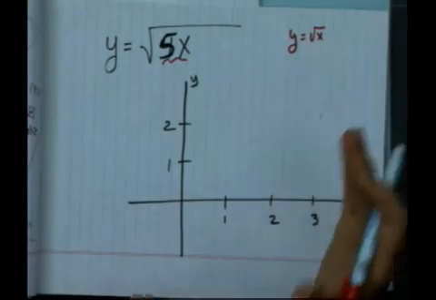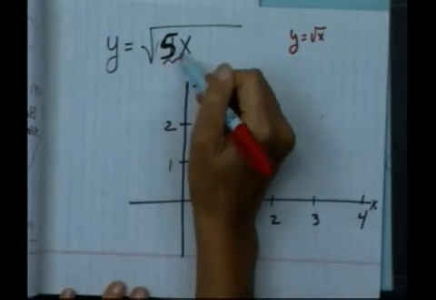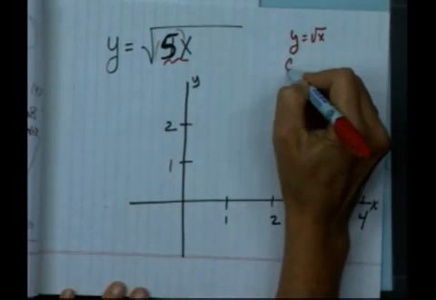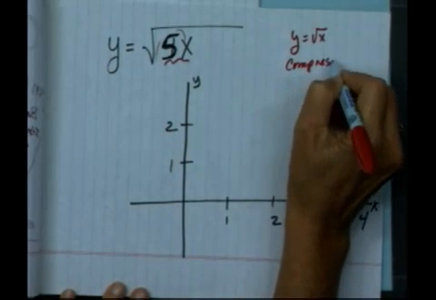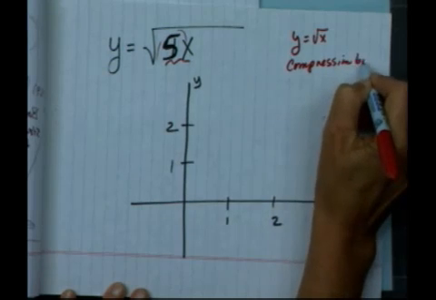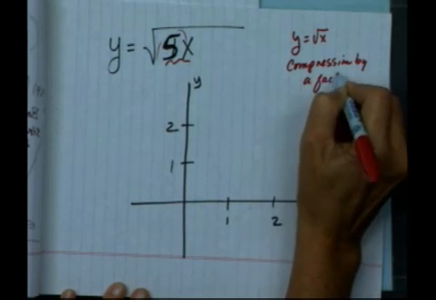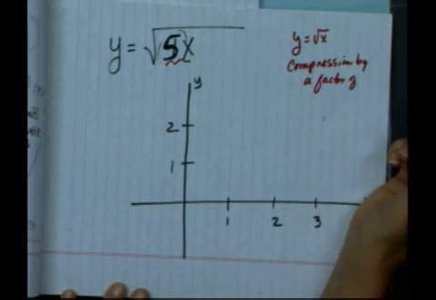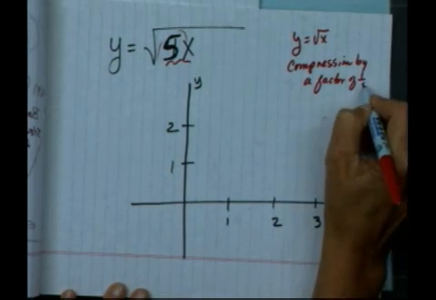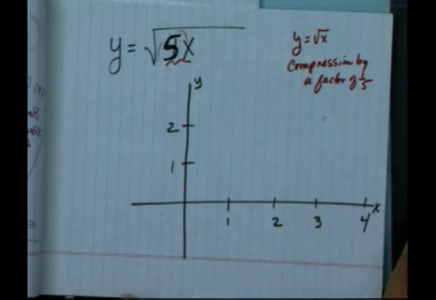So it is always opposite of what you see. So it's a compression by a factor of what? You are so good, 1/5. Okay, so our x values will be multiplied by 1/5.